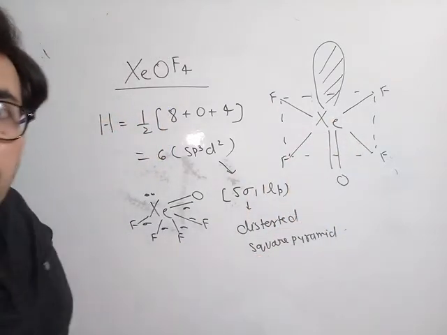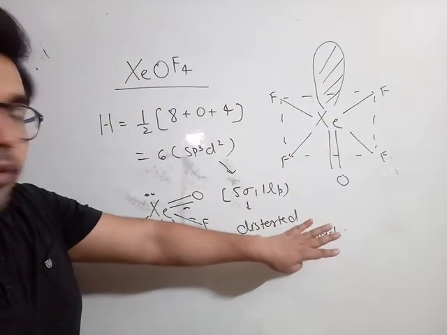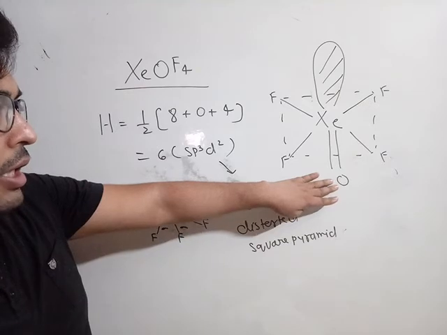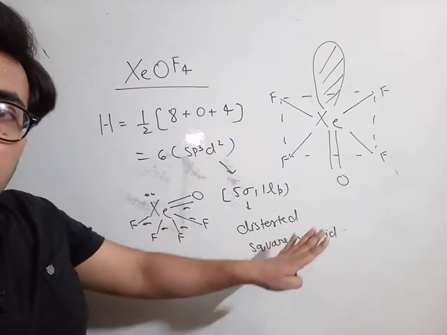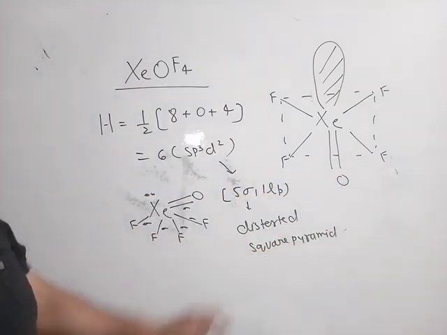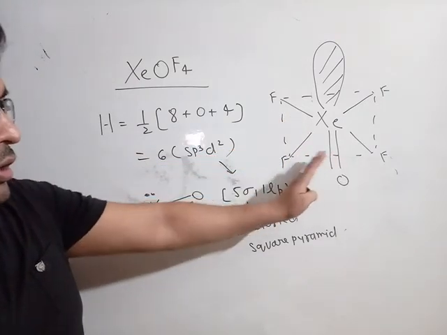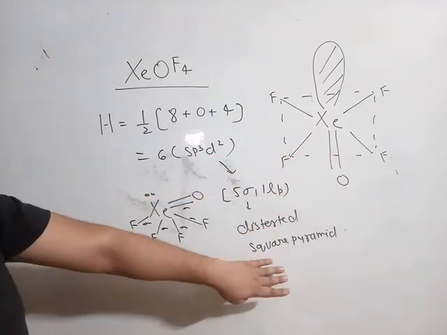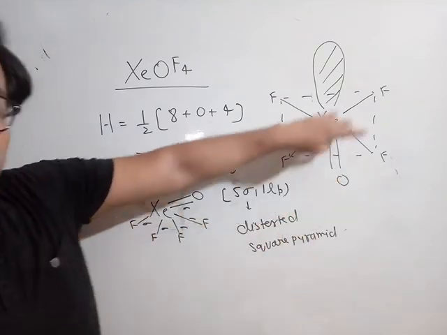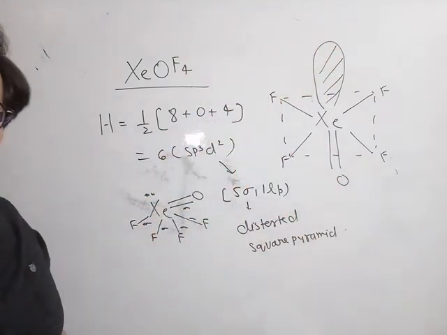So that will be the shape of XeOF4. It is a kind of square pyramid. I hope it is all clear to you, because shape is determined by the sigma bonds, not the pi bond. So the shape will be called distorted square pyramid, or in exam you have to just make that structure.